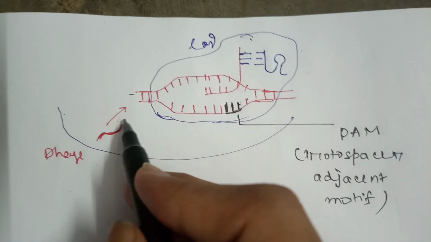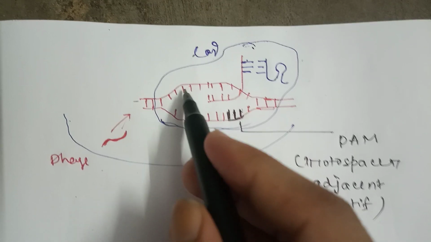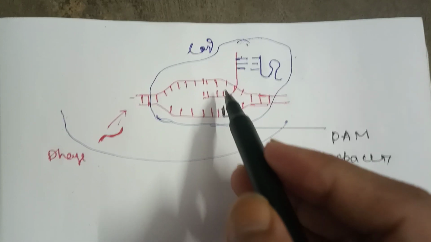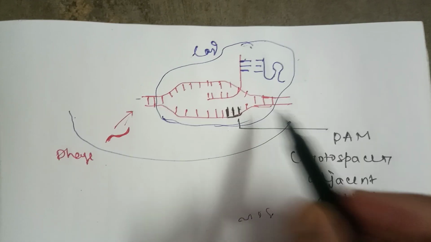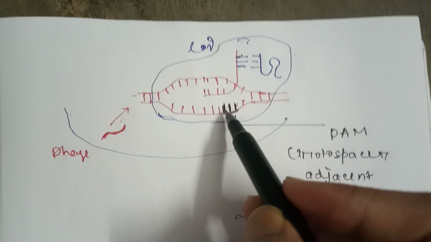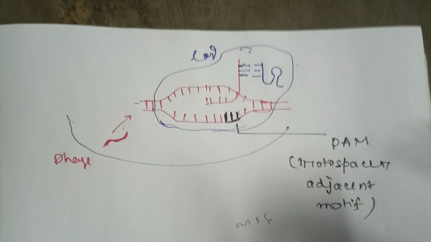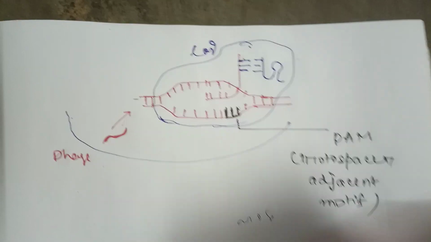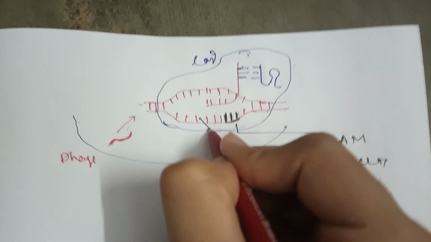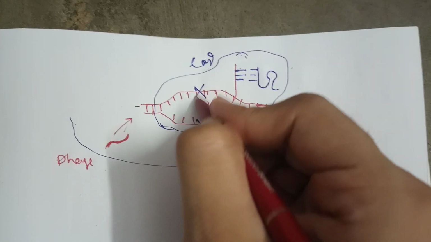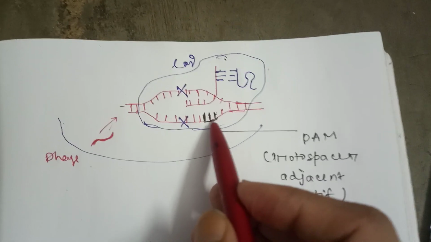The same phage is attacking this bacteria, and it's now ready to replicate, but the complementary part of the spacer is binding to its complementary part, and with this effector complex the PAM is recognized. And what happens after recognizing the PAM?